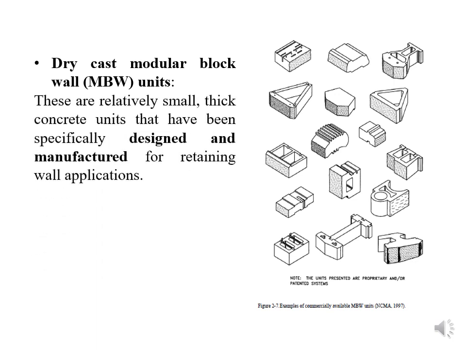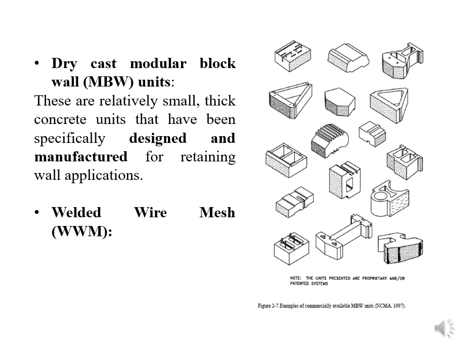These are relatively small, thick concrete units that have been especially designed and manufactured for retaining wall applications. You can see in the figures the various shapes of these concrete units. They are already cast in different shapes and used in the retaining wall as facing units.